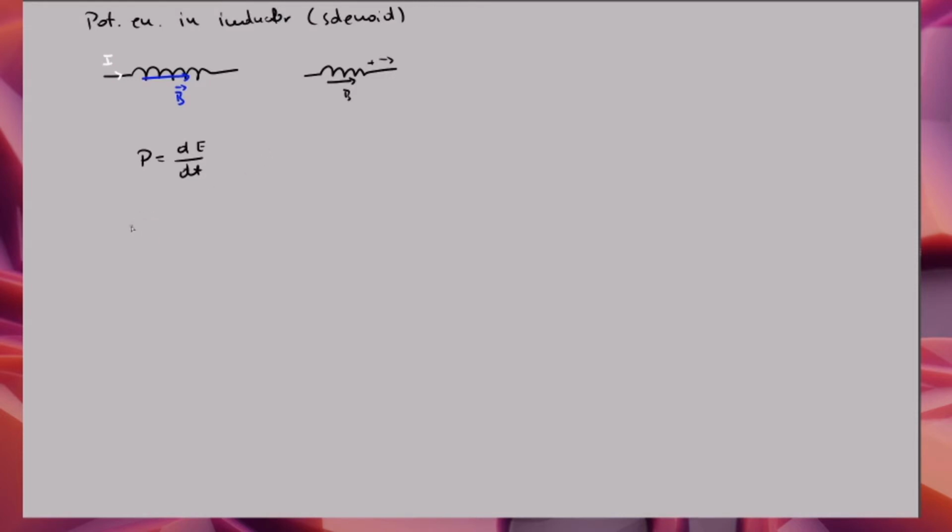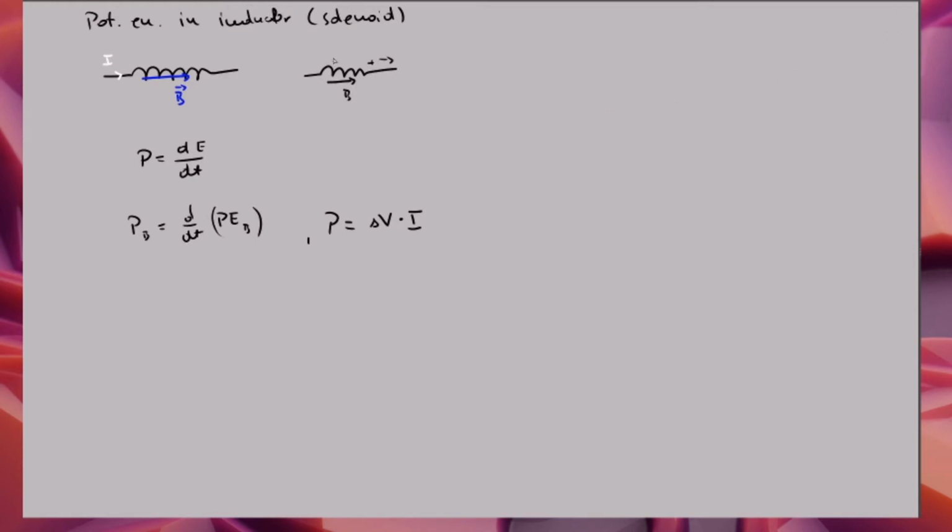So I'm going to rewrite this as power of the magnetic field would be d/dt of the energy stored in the magnetic field. And power of an electrical component in a DC circuit is defined as voltage across that component times the current. This is by definition power.